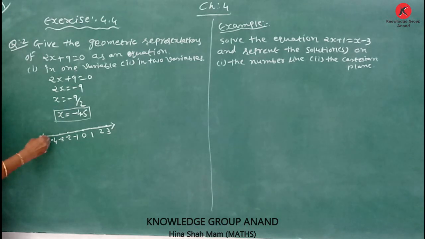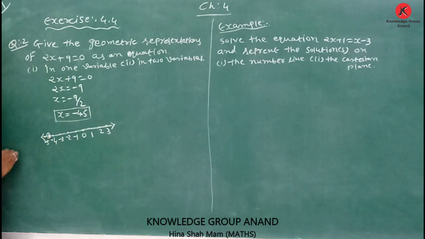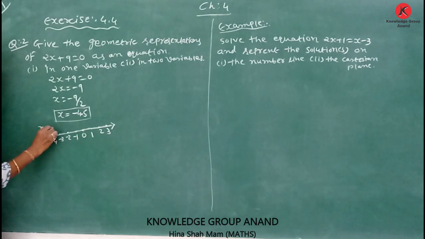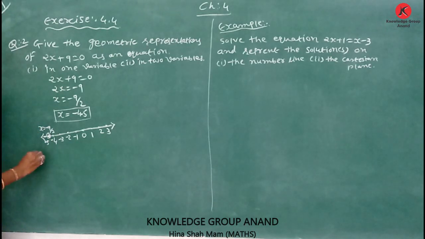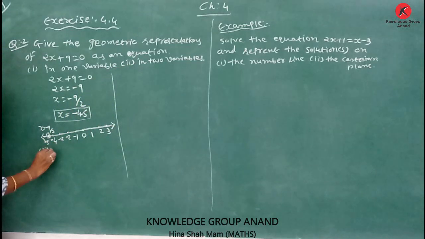Minus 4 and a half, it is here. This point is written as x is equal to minus 9 by 2. That is the one variable case. Next, two variables.